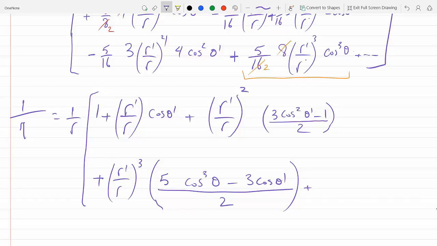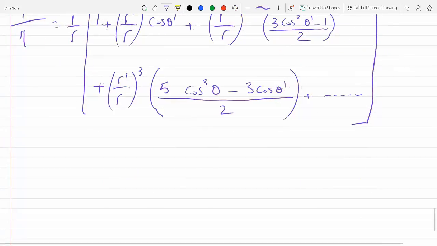Exactly. The coefficients turn out to be Legendre polynomials. It's actually a remarkable result. So that's 1 over the separation vector.